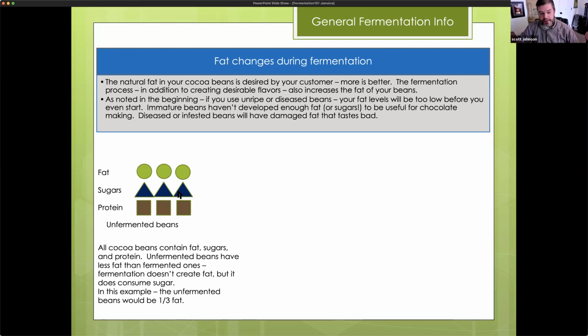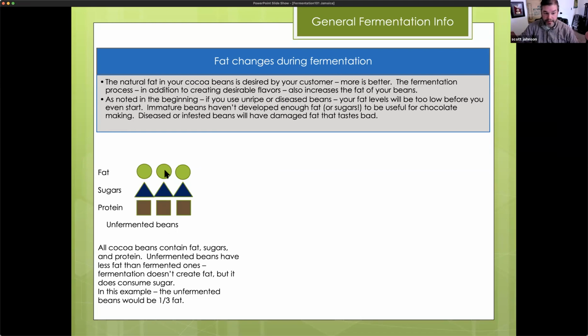We've got sugars, and then we've got protein. Those 3, let's call them building blocks, make up all of our foods. And in this illustration, if our unfermented beans have relatively equal amounts of each, here we would have a bean that is 1/3 fat, right?